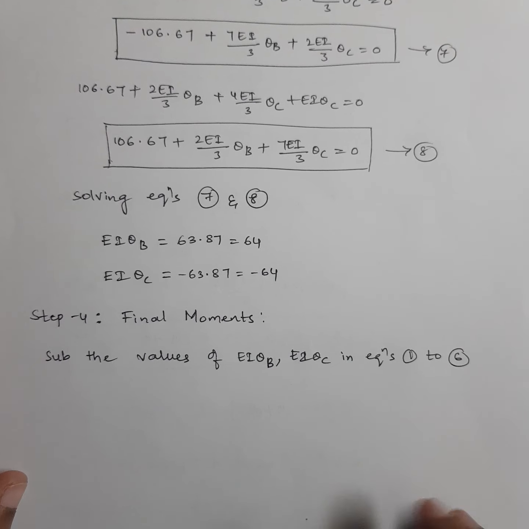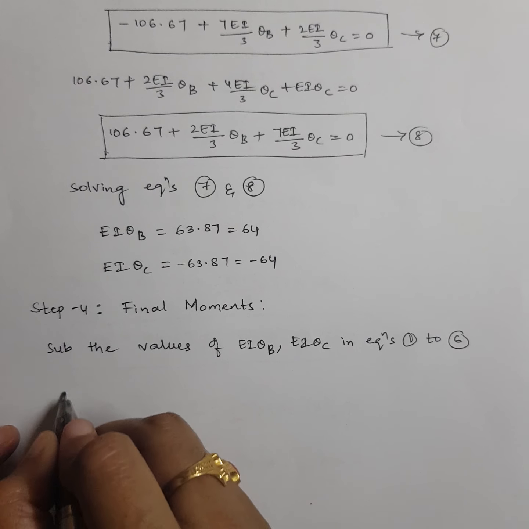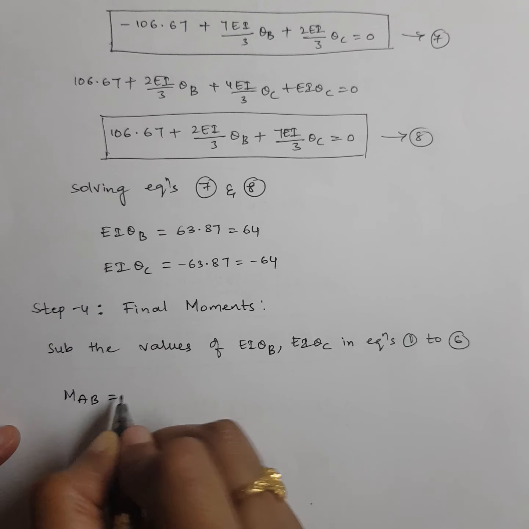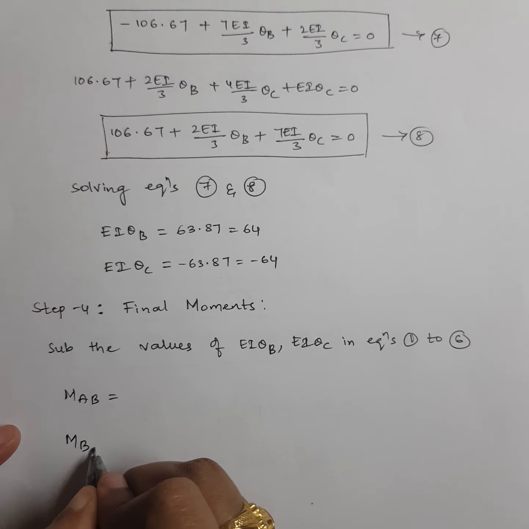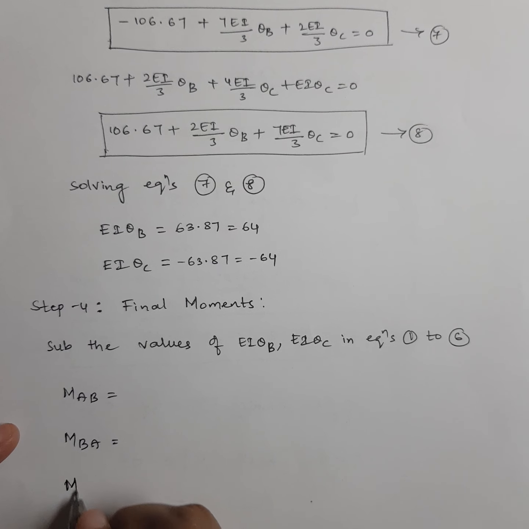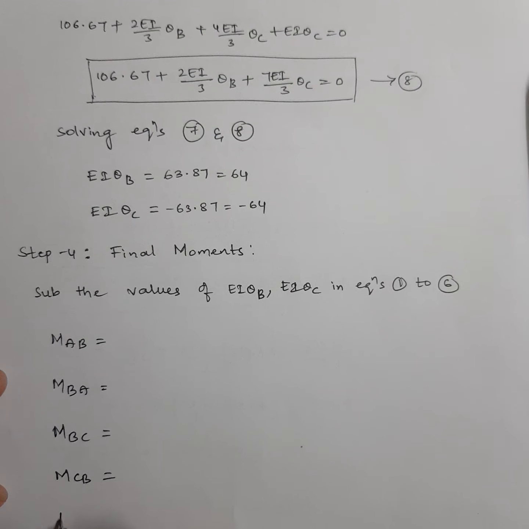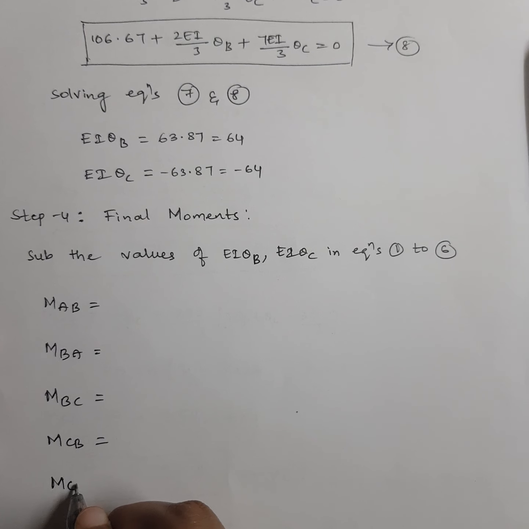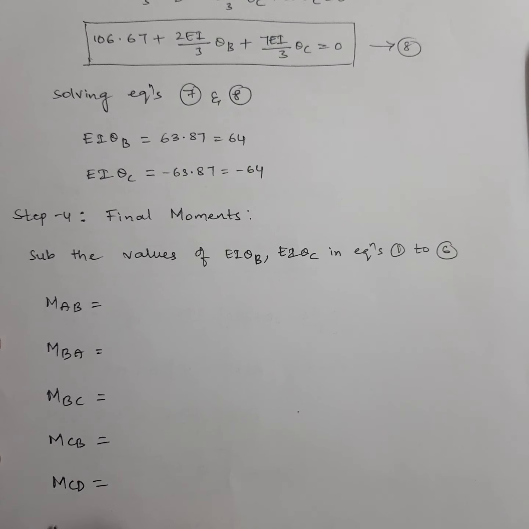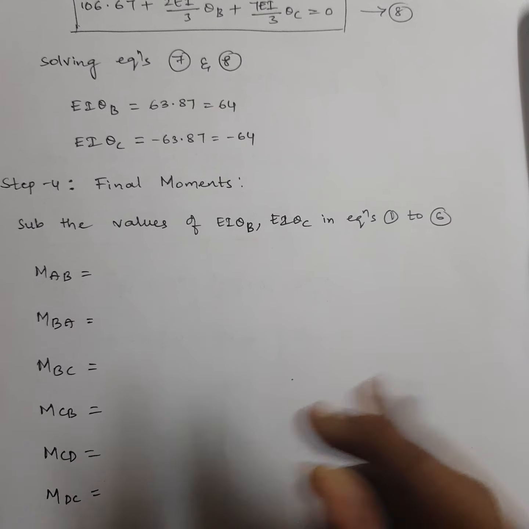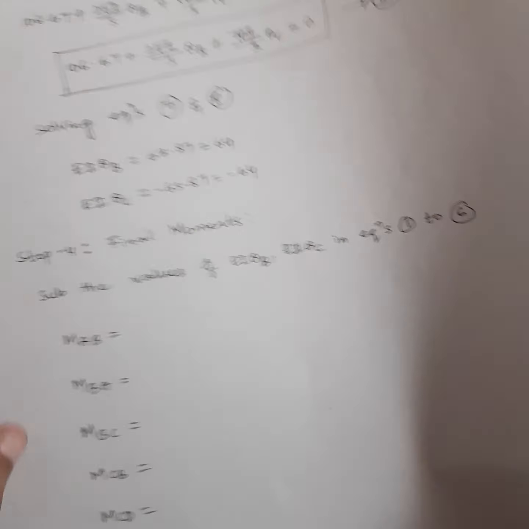Why? Because all 1 to 6 are slope deflection equations. So once I substitute in the first equation, I'll get MAB, next I'll get MBA, next I will get MBC, next I will get MCB, next I will get MCD, and MDC. Okay, I just want to tell you only one thing.